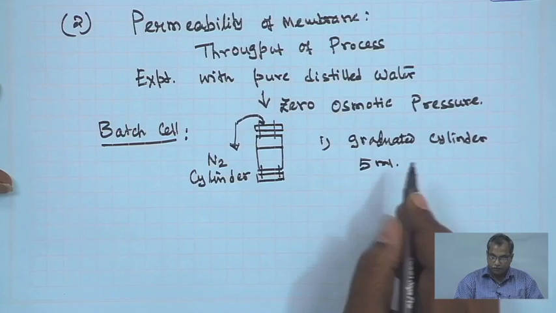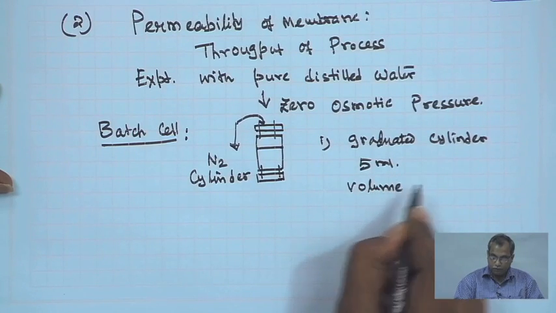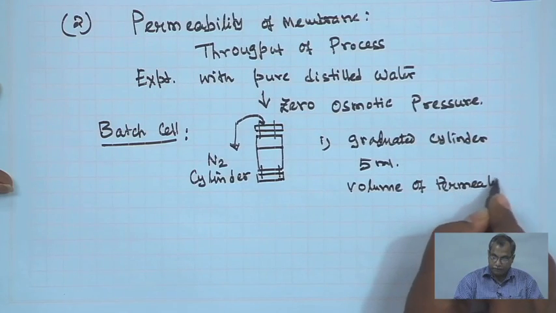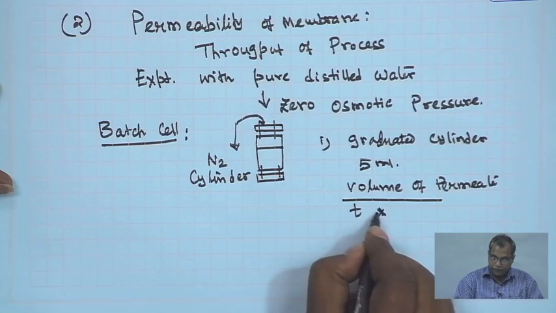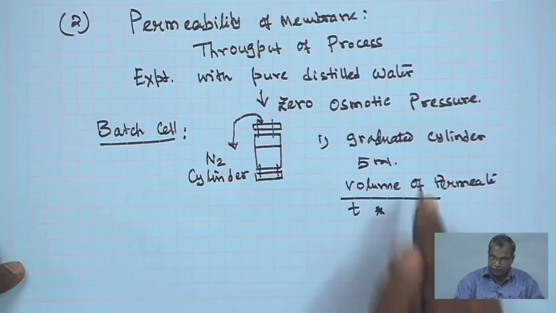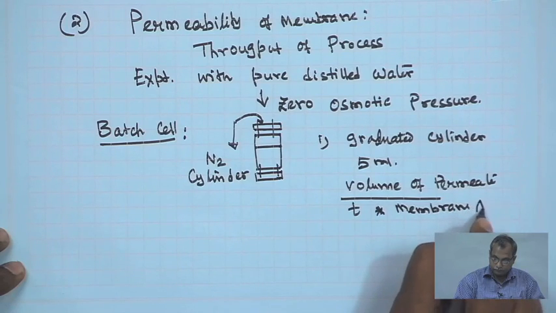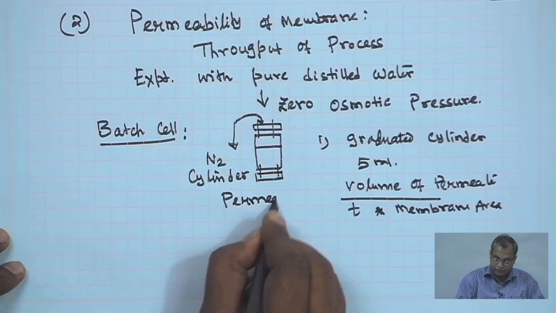Once you get the volume of permeate, the filtrate is known as the permeate in membrane processes, the volume of permeate divided by time divided by the membrane area gives the permeate flux.